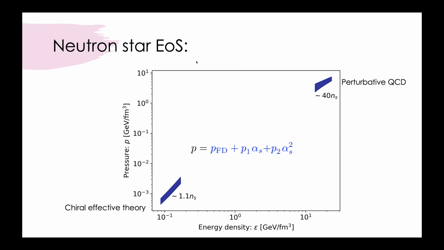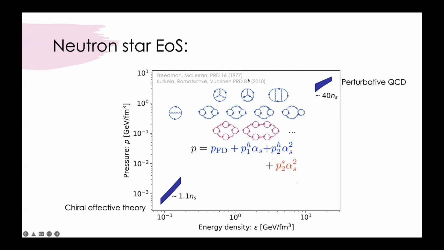The very seminal work was done already in the 70s by Freedman and McLerran, who computed this equation of state up to next to leading order, and we've been trying, in the past decade, to improve these calculations by adding mass effects and temperature effects and so on.